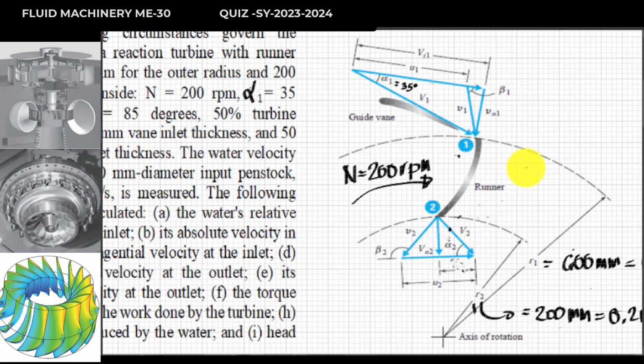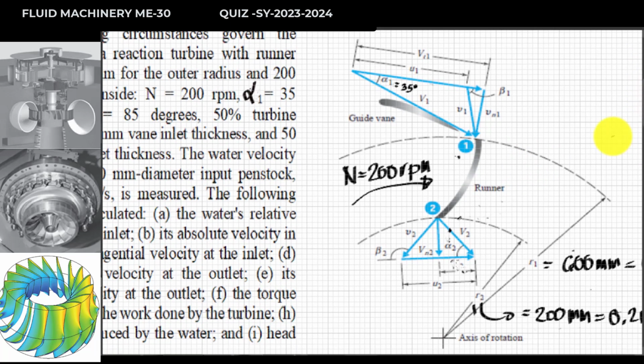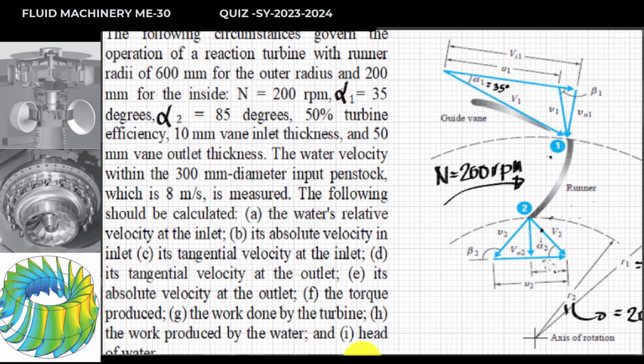Then for my outlet, it will be 85 degrees. So this is the part which is your 85 degrees, angle 2. So this is 85 degrees.